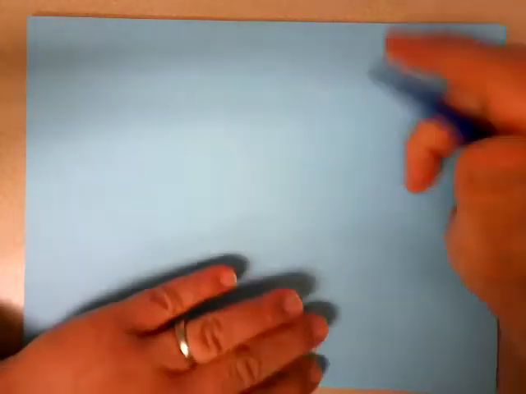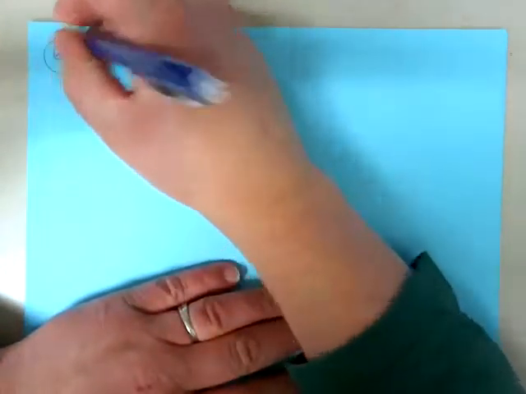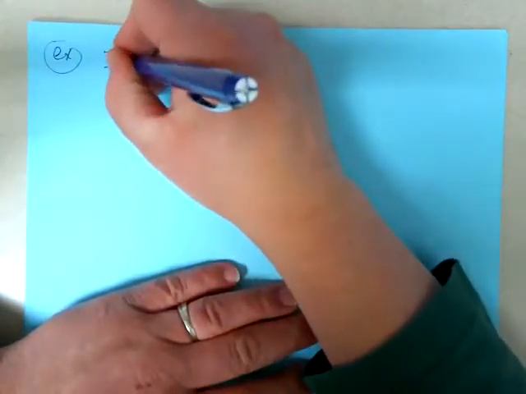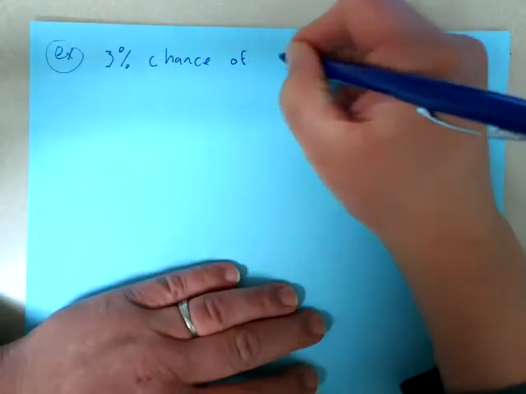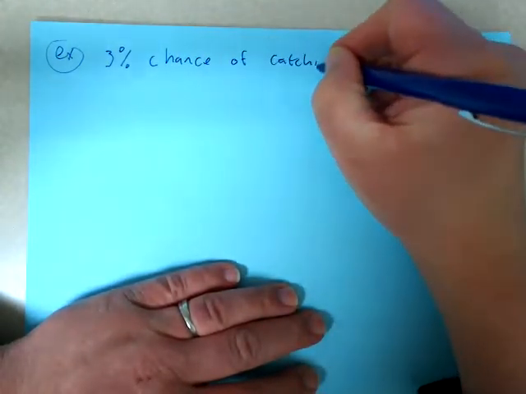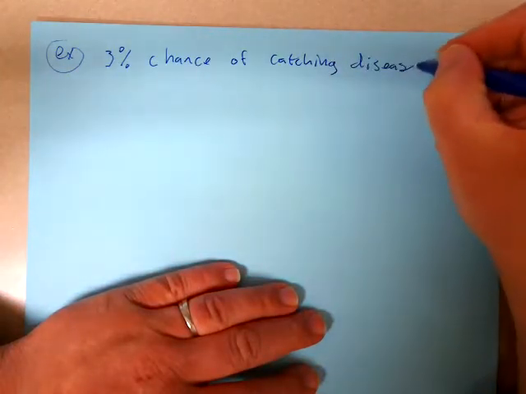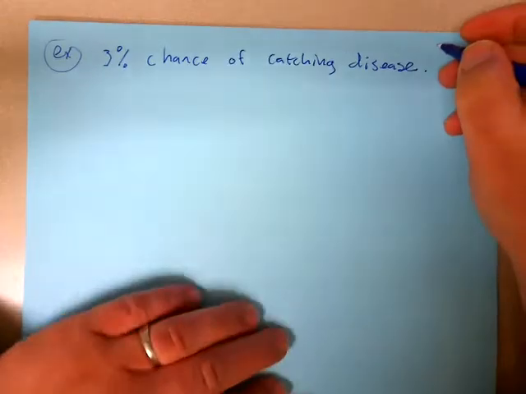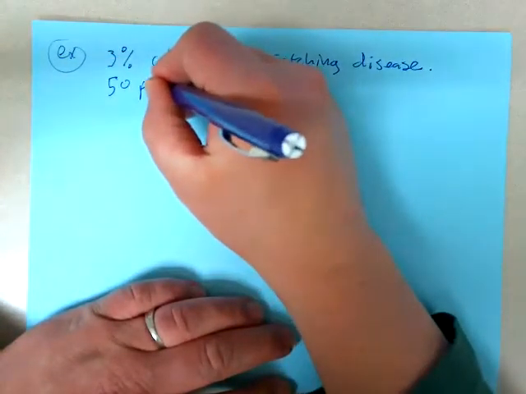We're now going to work a little bit more with the binomial distribution. And to do this, I'm going to go back to the original example that I gave, where there's a 3% chance of catching the disease, and there's 50 people who are exposed to the disease.